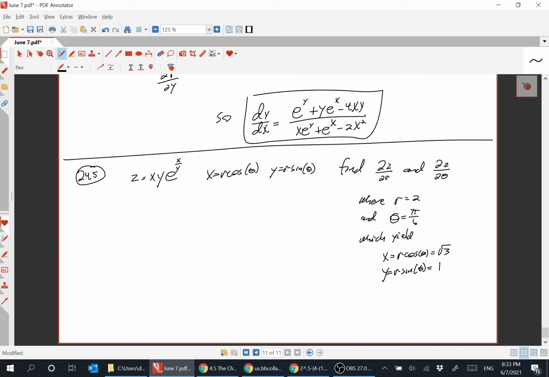So x is root 3, y is 1, r is 2, theta is pi over 6. So we've got the function z in terms of x and y, which are in terms of r and theta.